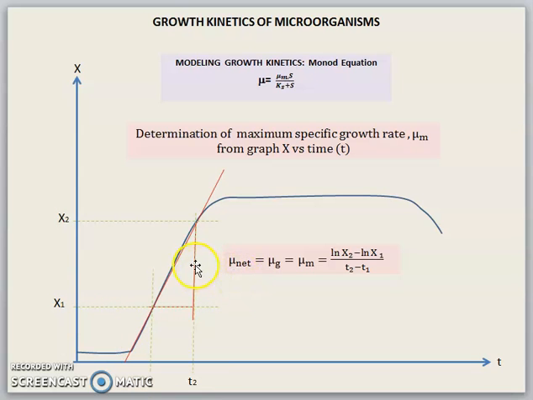If you have the graph of x versus t, you need to take the ln of x and divide by the difference of time. So it will be ln x2 minus ln x1 over t2 minus t1. Then you are able to find the mu max of the growth kinetics for the microbes.